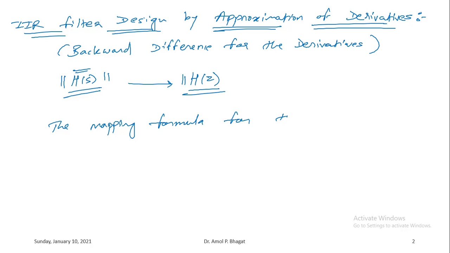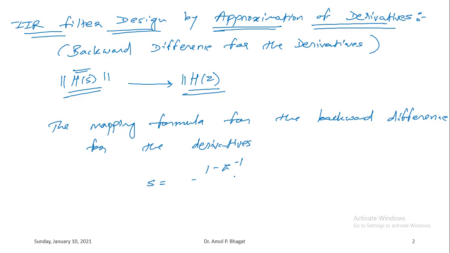For this conversion, the mapping formula for the backward difference for the derivatives is given as s = (1 - z^-1)/T.